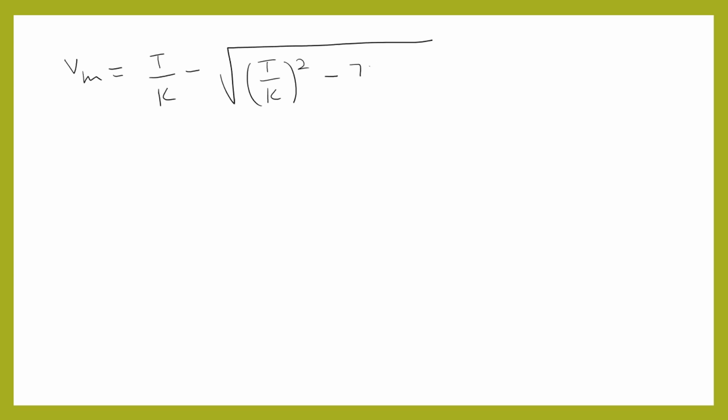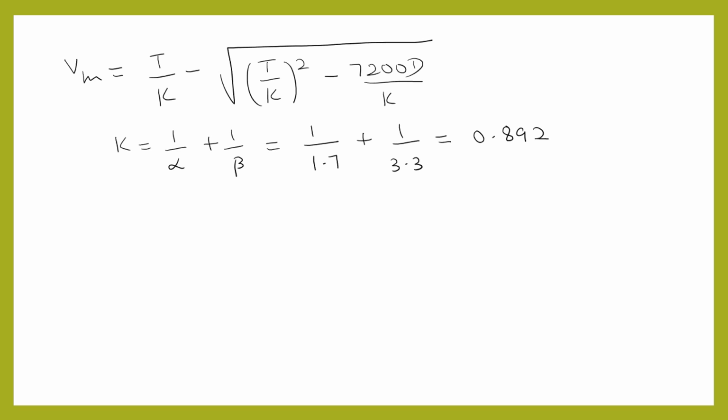For the trapezoidal speed time curve, we have the equation of maximum speed Vm equal to T by K minus square root of (T by K) square minus 7200 D by K, where K is equal to 1 by alpha plus 1 by beta, that is 1 by 1.7 plus 1 by 3.3, that is 0.892.